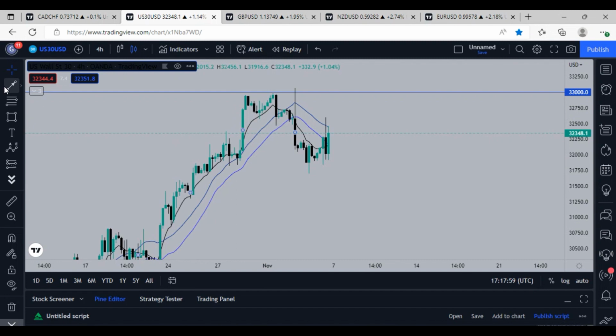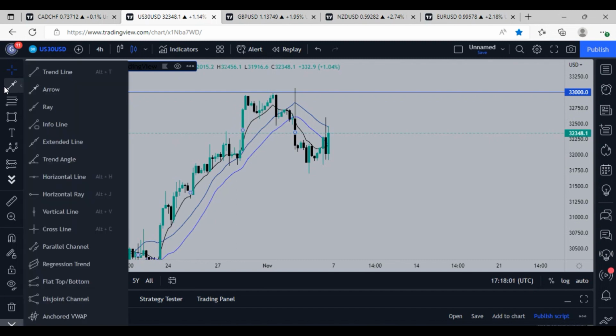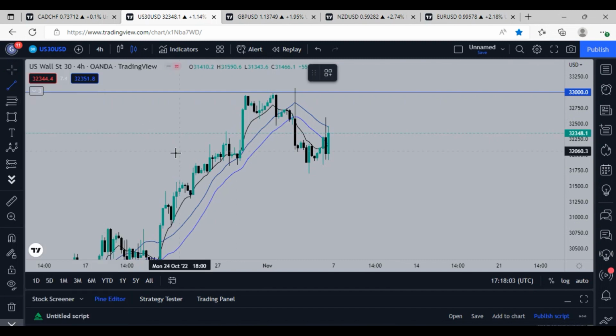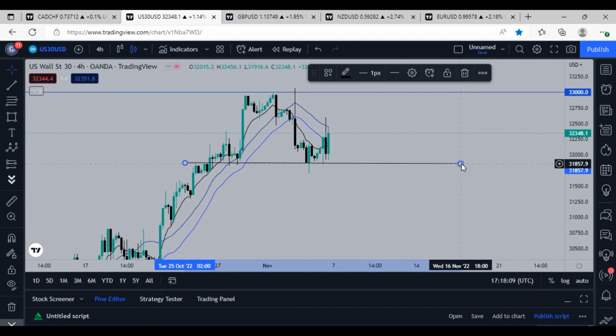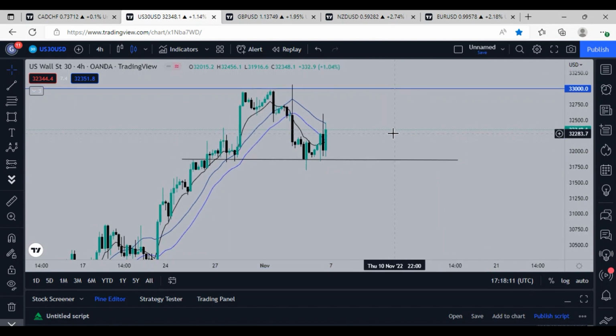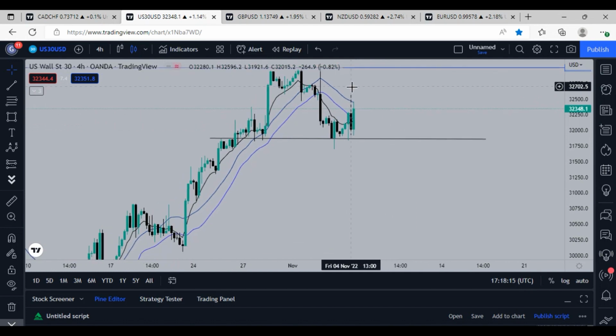I can make this a support. All right, make that a support on the 4 hour.